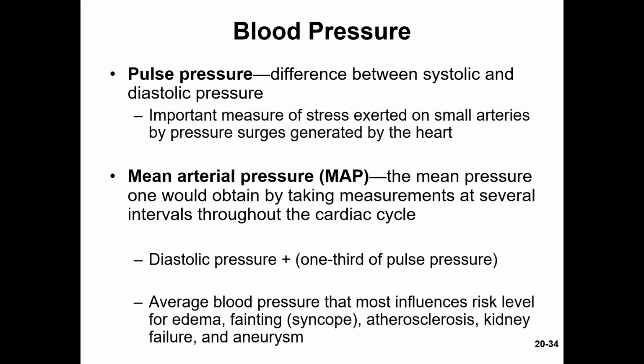It is the diastolic pressure plus 1/3 of pulse pressure. I'm sorry, let me say that again. The diastolic pressure plus 1/3 of pulse pressure. The average blood pressure that most influences the risk level for fainting or syncope, atherosclerosis, kidney failure, and aneurysm.